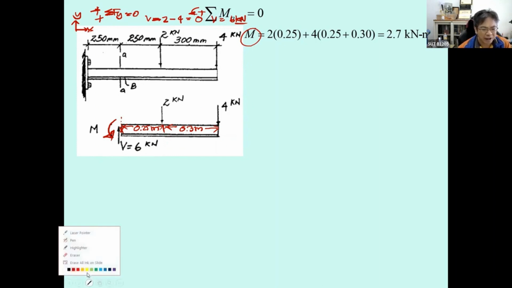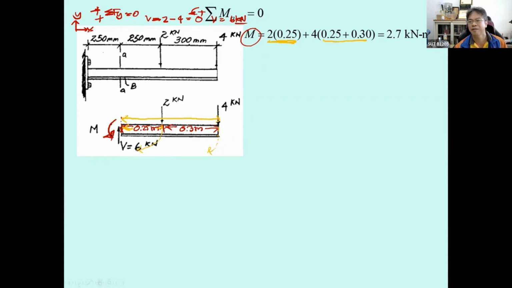And you can see the moment from the 2 kilonewton will be rotated. So 2 kilonewton times 0.25. And then the moment is also going to be equal to 4 kilonewton times the distance over here, which is going to be 0.55. You get the moment of 2.7, and the moment now is in this direction.